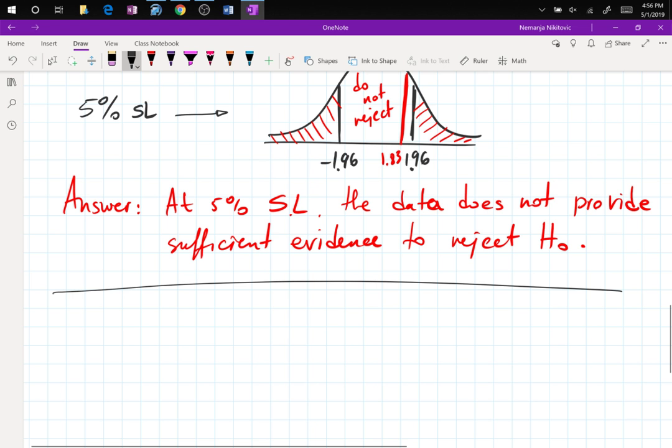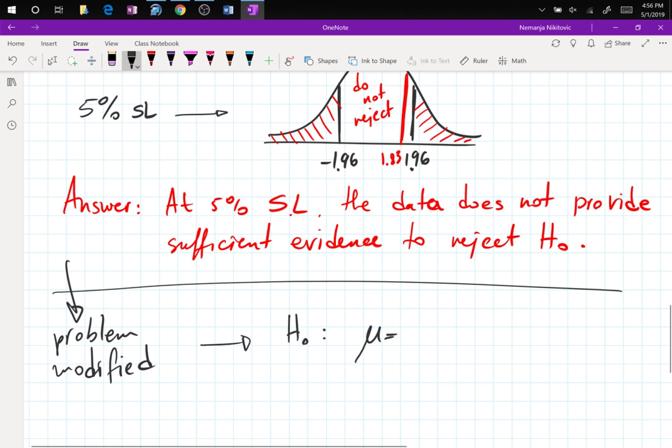Your null hypothesis is that mu is 16.7 months, right? Alternative hypothesis this time around is that the mu is actually larger than 16.7 months using all the same specs.